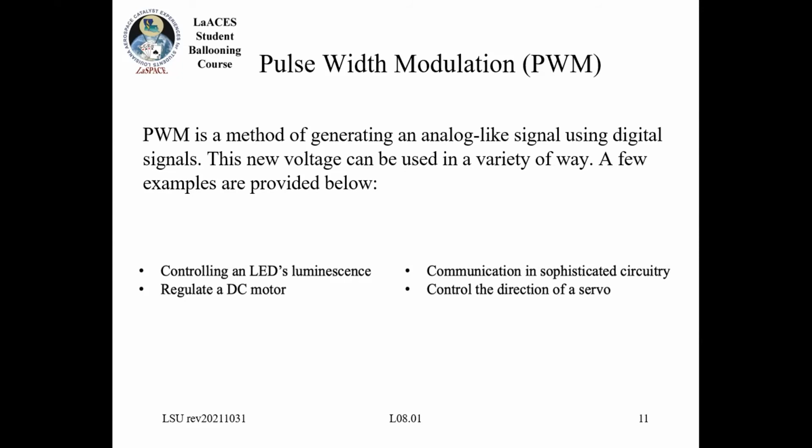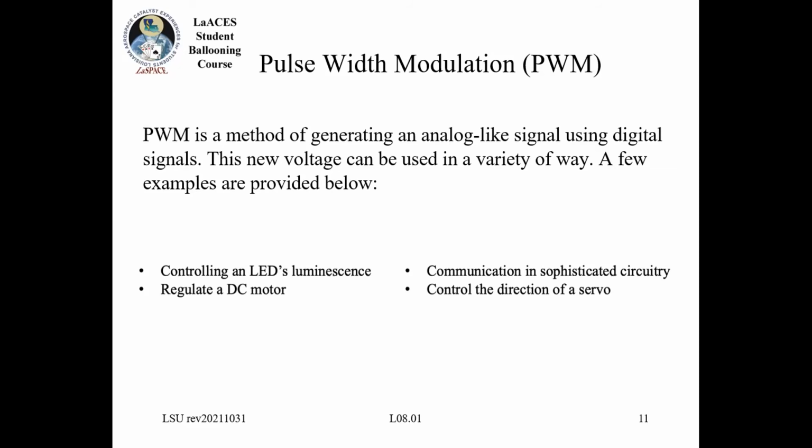So some examples, you can control the speed of a motor. You can control the brightness, in particular, an LED brightness, which is actually a bit tricky to do because an LED is not like an incandescent light bulb where you can just send more current through it to get brighter.